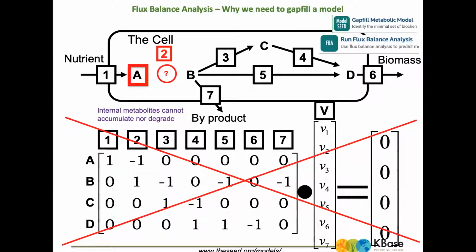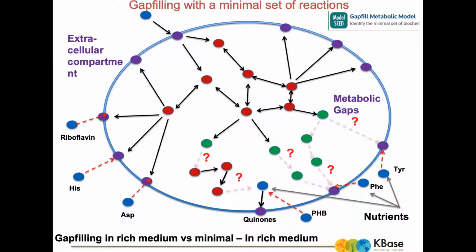Right now in KBase, by default, you try to use a minimal set of reactions to fill these gaps, and there are other algorithms people want to use that are biologically more sound. They want to see what reactions you can find for organisms that are phylogenetically closely related to that organism. Can you find a solution from another organism that is phylogenetically or metabolically close, and then add those reactions? So there are different strategies.